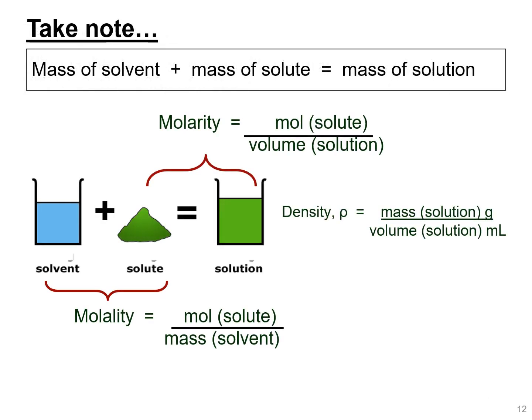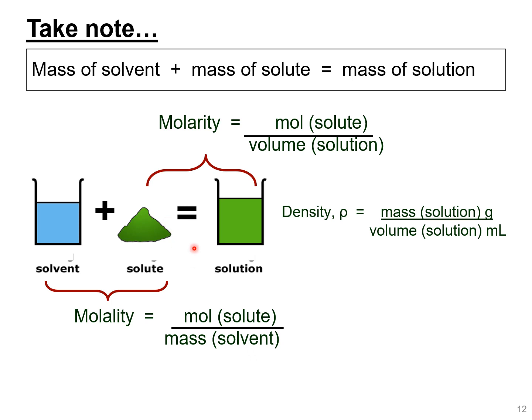Okay. Take note ya, mass of solvent campur mass of solute, barulah dapat mass of solution. Kalau molality melibatkan solvent and solute, dia nak number of mole of solute bagikan dengan mass of solvent in kilogram.